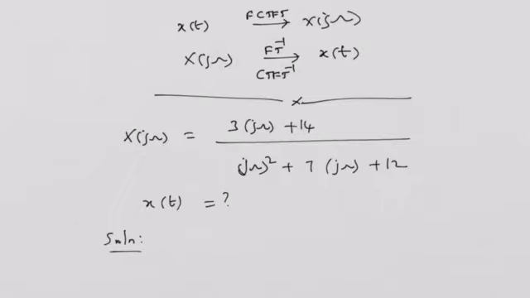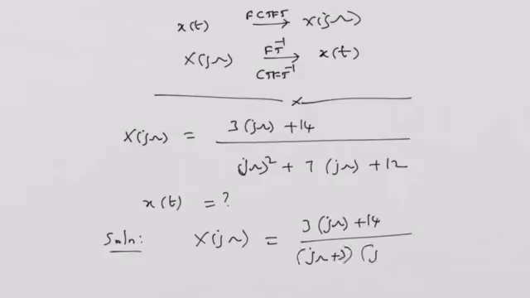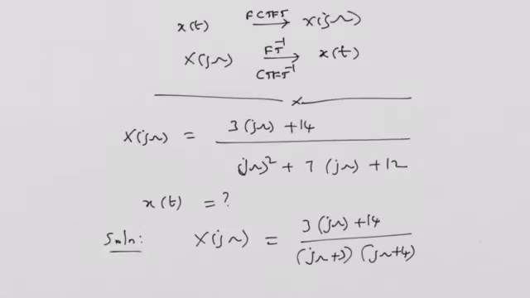So before proceeding further, I just write X(jω) is equal to 3 times (jω plus 14) whole divided by (jω)² plus 7jω plus 12, which can be rewritten as (jω plus 3) into (jω plus 4). Factors of the denominator polynomial are generated.